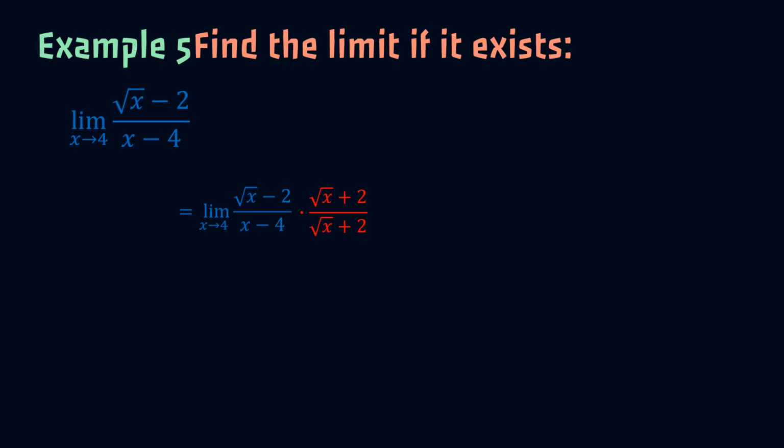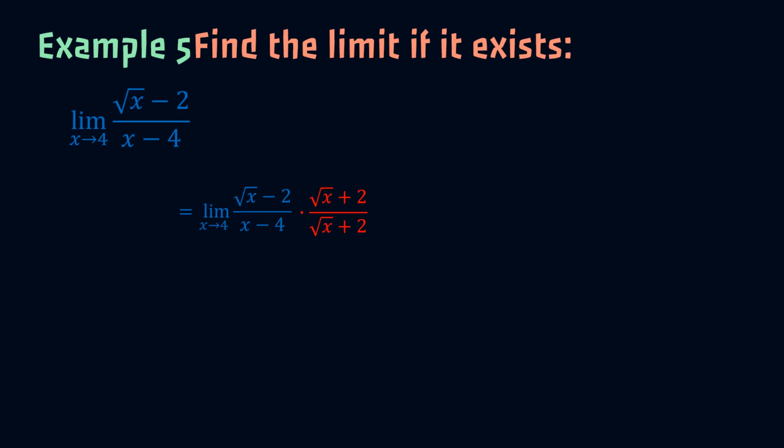When we simplify this, if I multiply at the top square root of x minus 2 times square root of x plus 2, I notice that the only difference between them is the sign. So this is like having (a minus b) times (a plus b). We can use the special product: (a minus b)(a plus b) equals a squared minus b squared. Therefore, square root of x times square root of x is x, minus 2 times 2, which is 4.